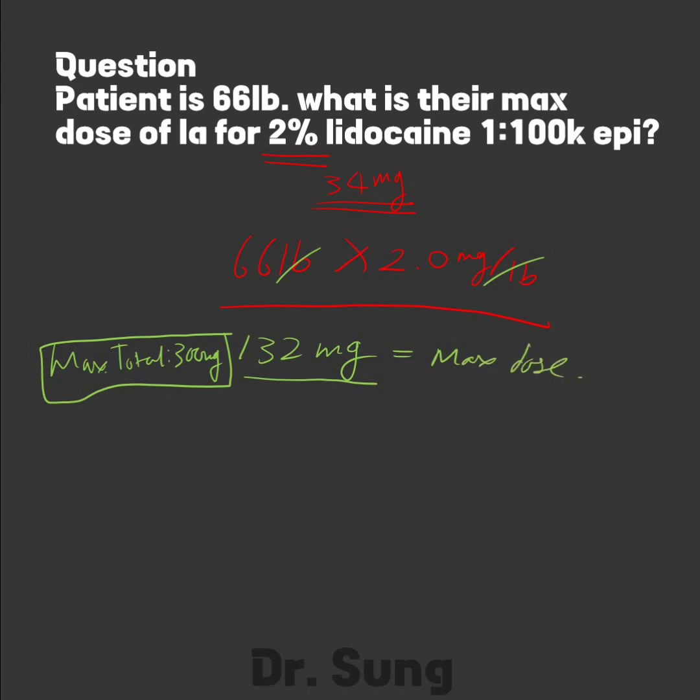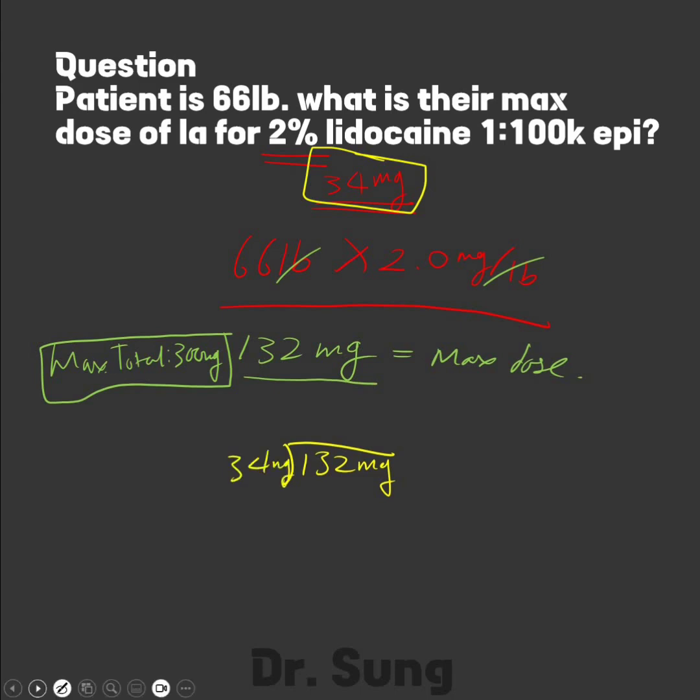How about carpules? How many carpules can we give? That is the time that we use this number, 34. In one carpule, it has 34 milligram, right? So let's divide 132, the maximum dose that we got, by 34 milligram.